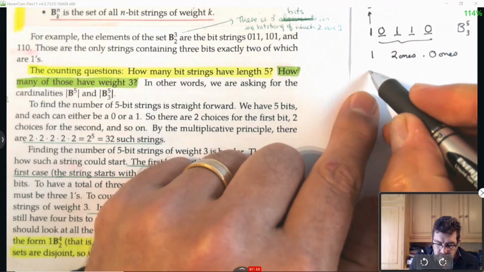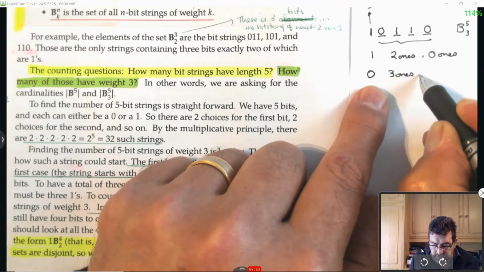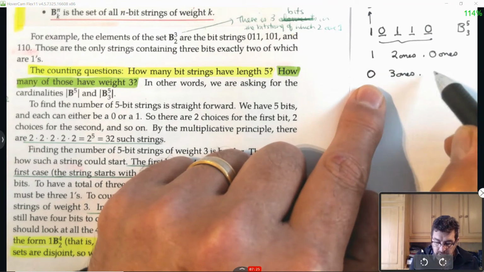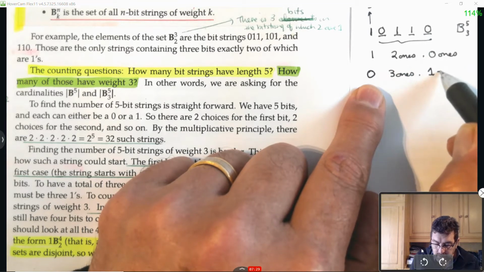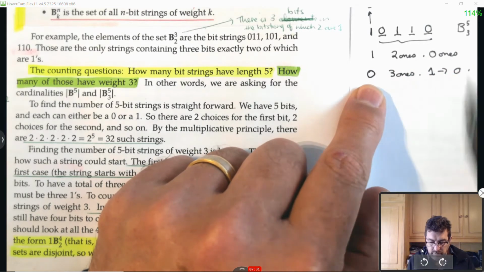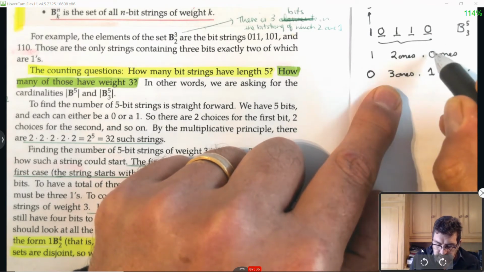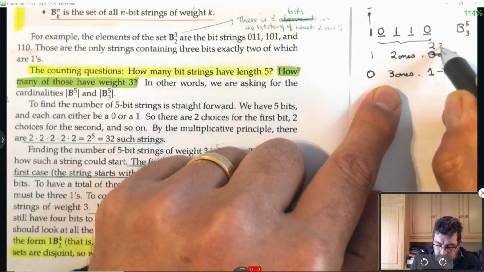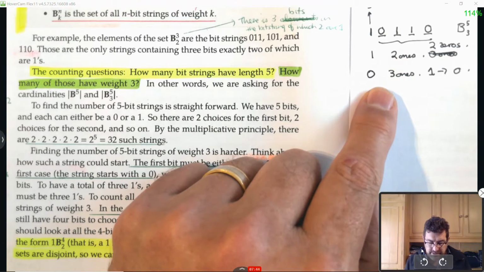If I had started with a 0, I still had 3 ones that I could work with, and only 1 zero to work with. Here I had 2 ones left, and here I had 2 zeros left to work with, to fill in my bit string.